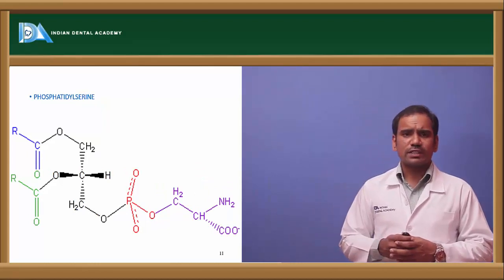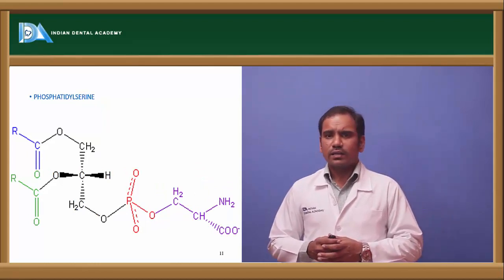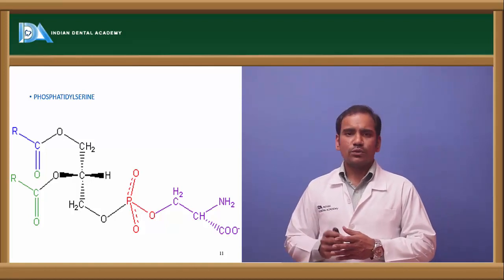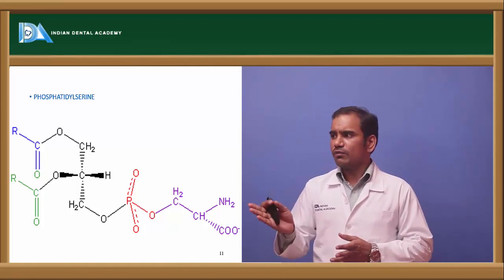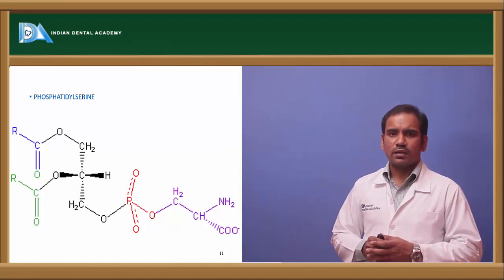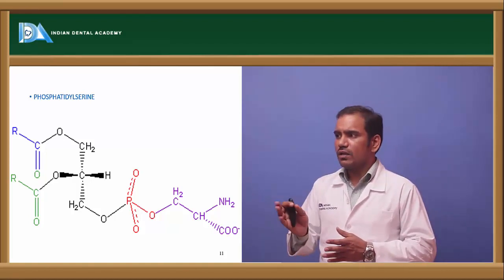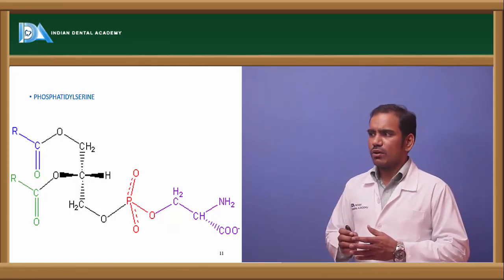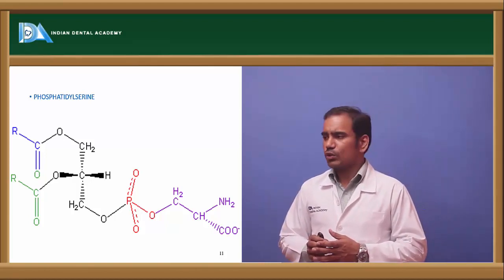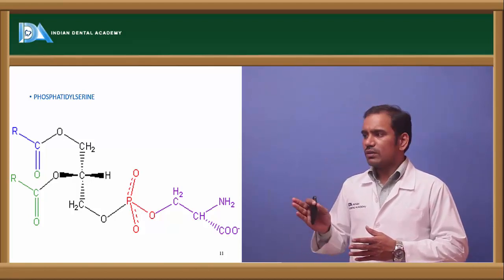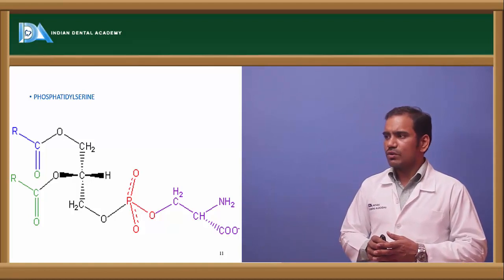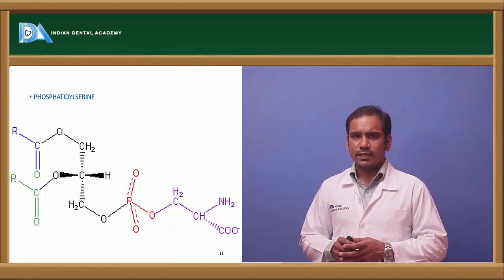And coming to phosphatidyl serine, here instead of choline you are adding serine to the phosphatidic acid, so it forms phosphatidyl serine. So that is the basic difference between phosphatidyl choline and phosphatidyl serine. You are adding serine, a hydroxy group containing amino acid, to that phosphate group, so that it results in the formation of another glycerophospholipid, phosphatidyl serine.